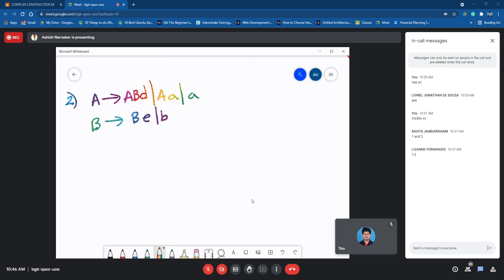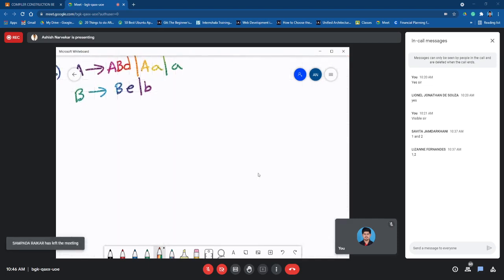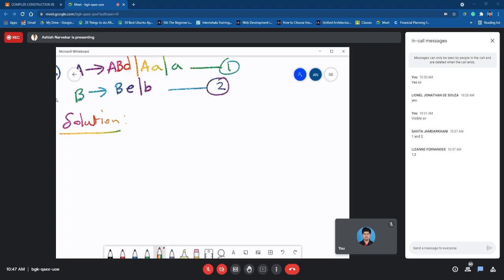So this is a grammar that is given to us which has two production rules. So again we can number this. This numbering is just so that it is convenient for me to refer to that production.